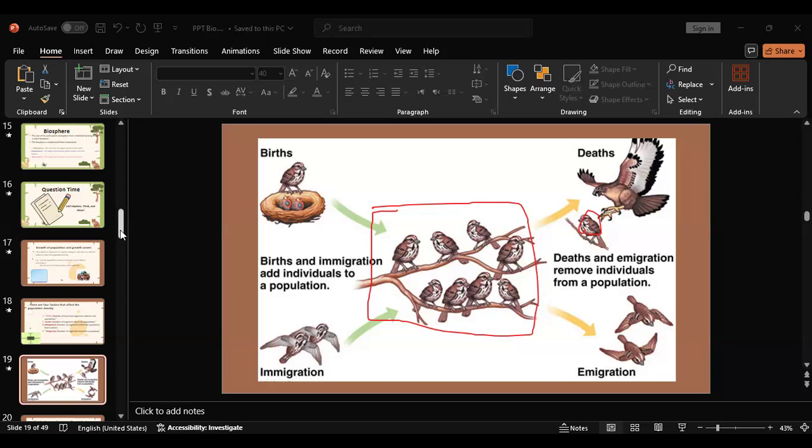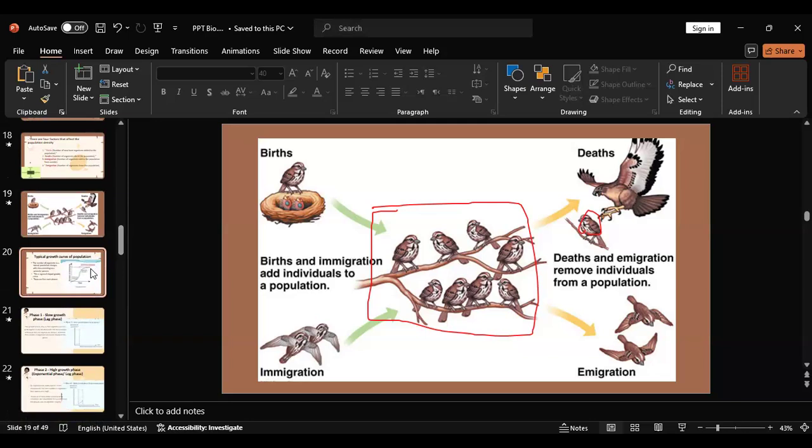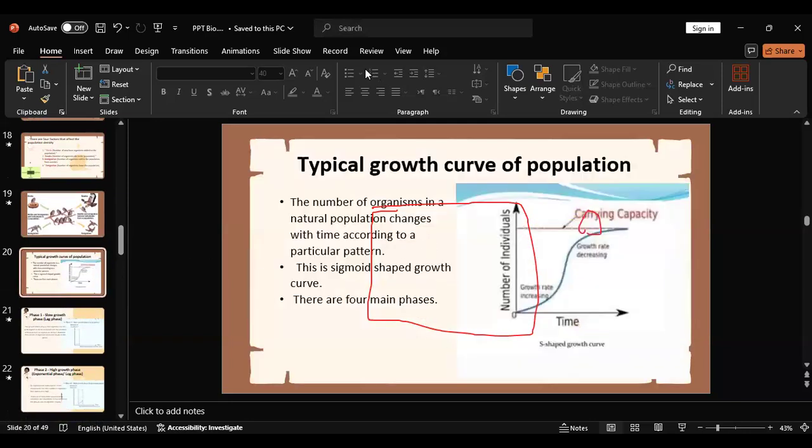Okay, next one. Right. Next, we can see a typical growth curve of the population, right? Now we are going to graph the population growth, how it's coming. What will be the shape, everything we are going to see, right? Normally you can see this picture in this graph.